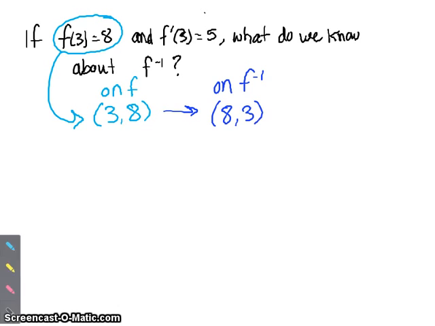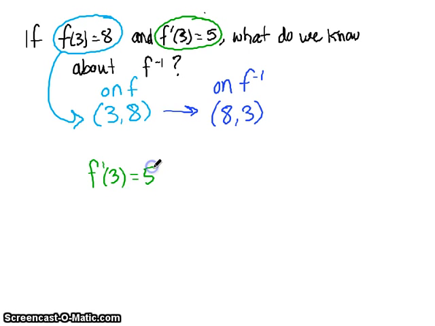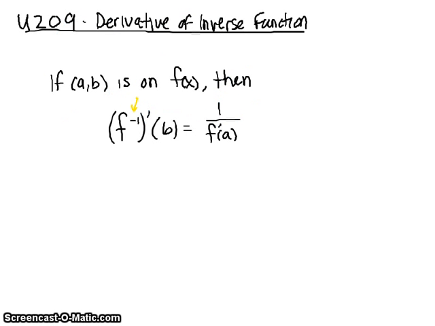So they also tell us in the problem that f prime of 3 equals 5. So if we think about our rule, 1 over the derivative of f at a is equal to the inverse derivative at b.